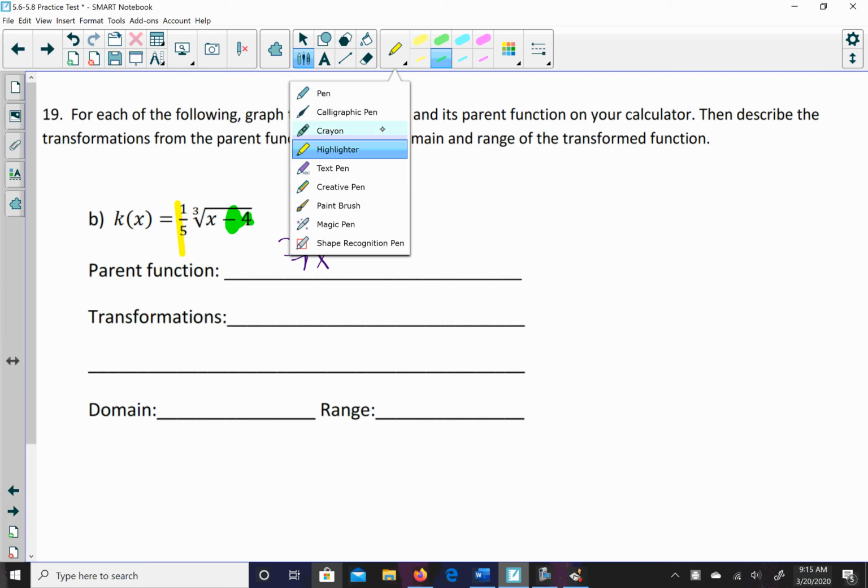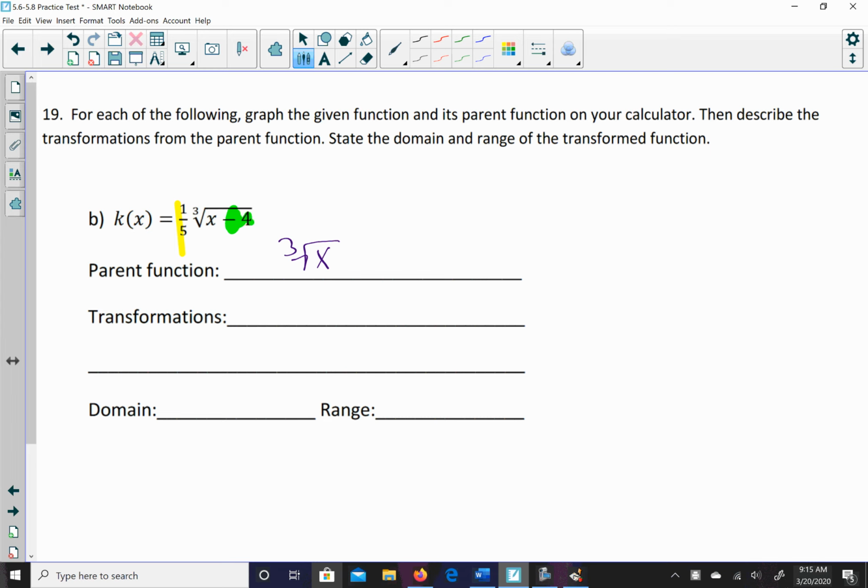The 1/5 is outside of the parentheses, which makes it vertical. Vertical is what I see, so since it's less than 1, it's going to be a compression of 1/5. The -4 is inside the parentheses, so it's opposite of what I think. It's going to move left or right, so I'm going to say it's going to move right, and that's going to be 4 units.